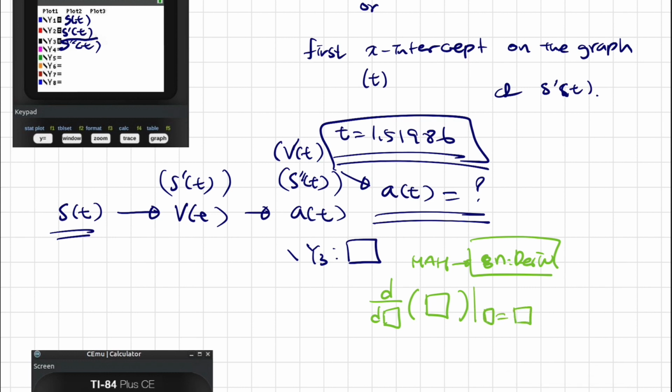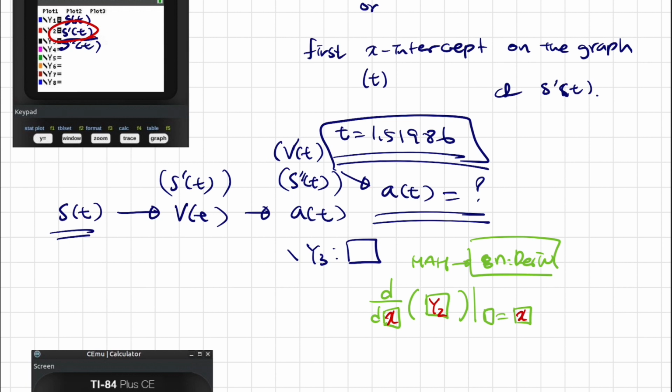Place x on the first square, and this time place y2 instead of y1, because we are differentiating the first derivative of s, and place x on the last square. Once you've done that, you will see another graph on your GDC.